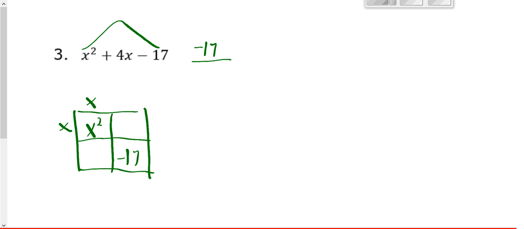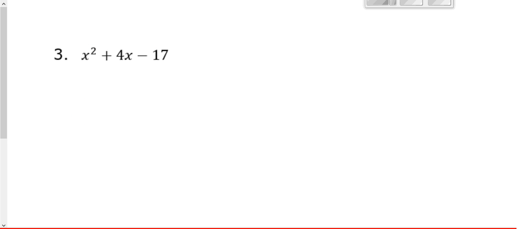So I kind of stop really quickly because the only factors I have are 1 and 17, or negative 1 and 17, or I have 1 and negative 17, and none of these make positive 4. So immediately I should see that I can't factor. So that's when I either need to use the quadratic formula or completing the square.